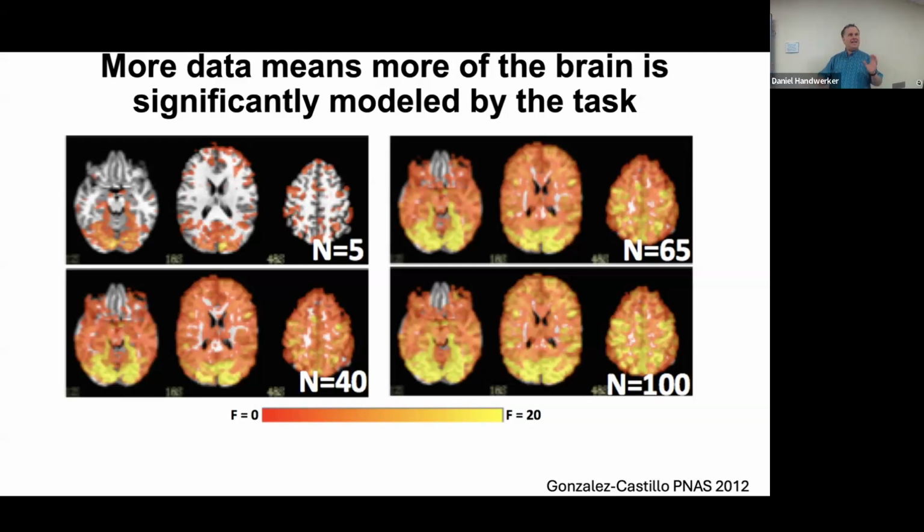There are some follow-up studies showing it's not 100% of the brain, but you are guaranteed pretty much, whatever your study is, if you collect more data, you will see more things that are significantly active. So this again points to what our noise is, what we are measuring, and what we are missing. Any questions on that before I move forward?